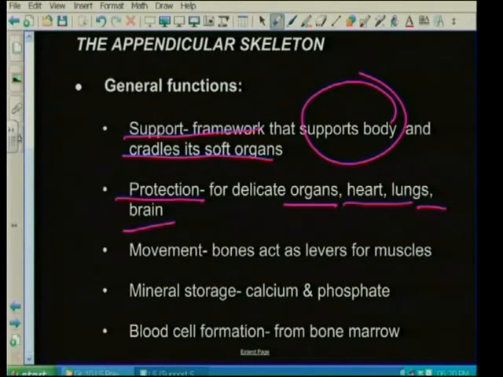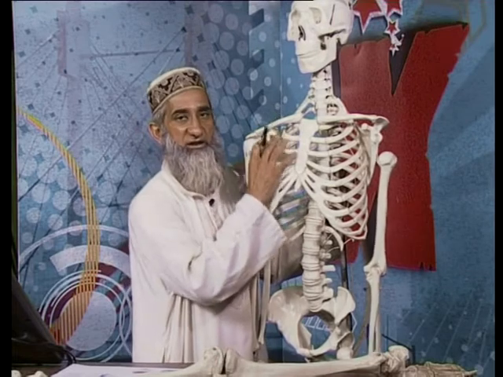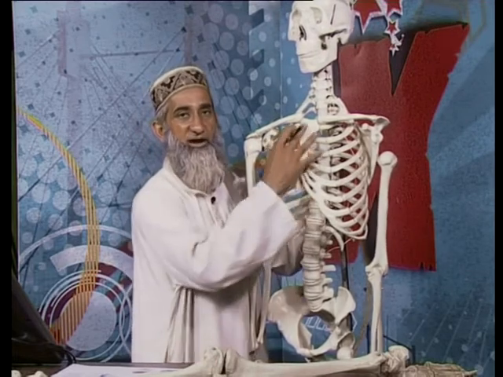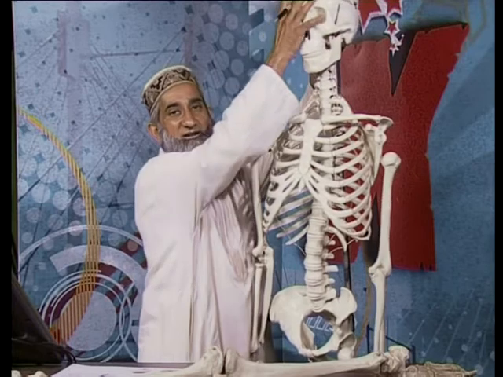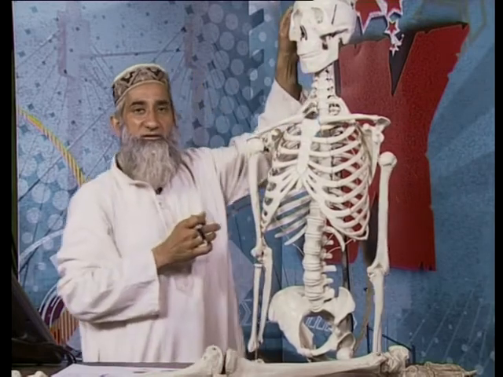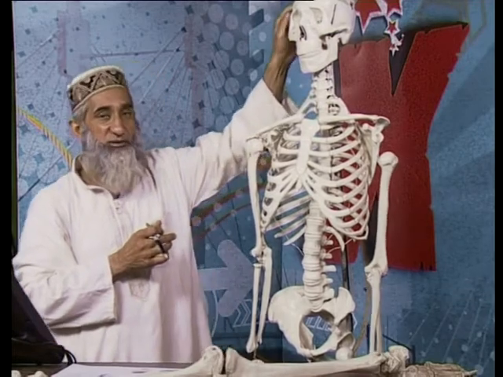For example, the rib cage will protect the heart, the lungs, the stomach, the liver, and all of that inside here. The skull protects the brain. Imagine you had no protection of your brain.